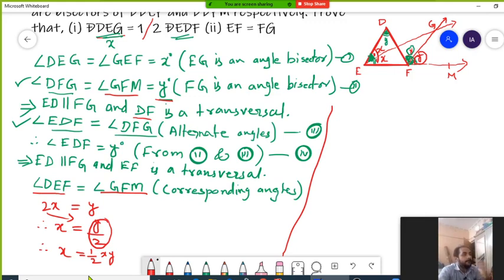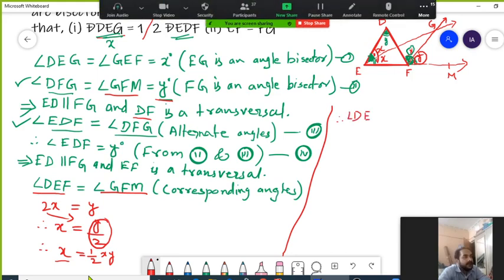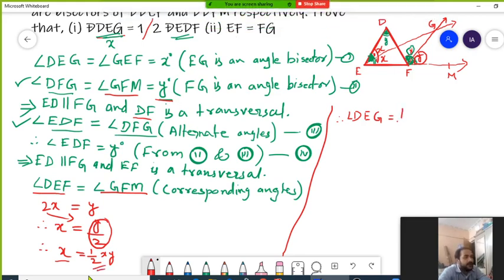So I'll take both the angles. Here x is what? Instead of x I can take DEG. So therefore x, that is angle DEG, is equal to 1 by 2, and here we have y, and y is what? Y is angle EDF.